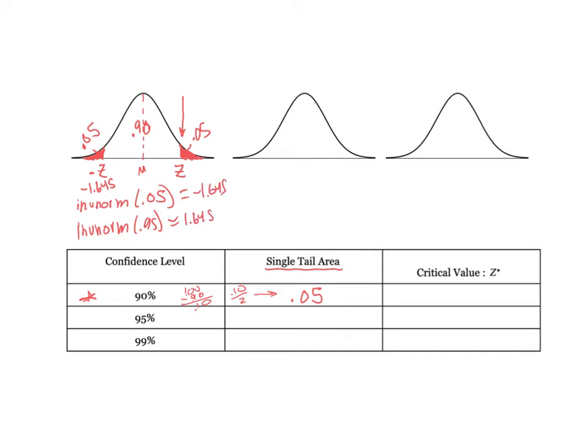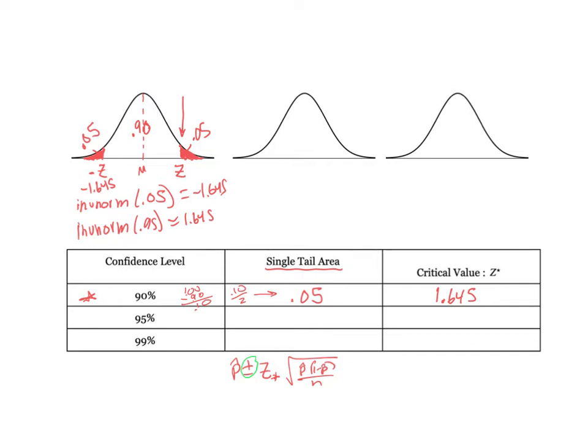All we care about is the absolute value, so our critical value for that would be 1.645. The fact that one of them is positive and one is negative will be taken care of by the equation, because if you remember, the equation is p hat plus or minus that z-score times the standard error. So we're already taking into account that it's positive and negative. All we need to do is find the absolute value of that z-score.